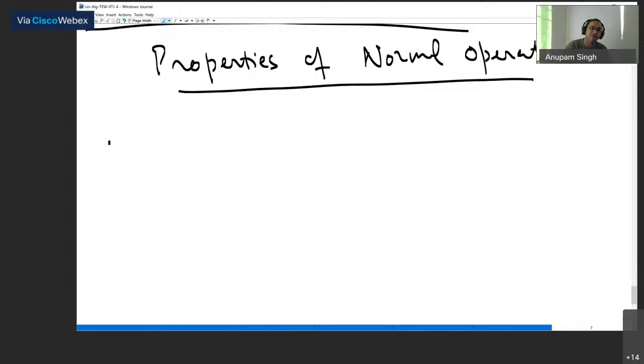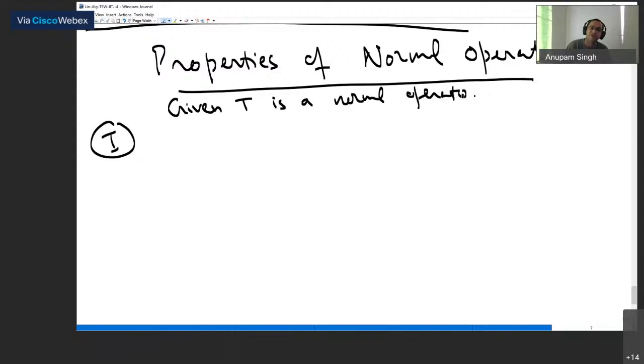So property number one, some easy property. Given T is a normal operator. In all these properties, I'm assuming T is a normal operator, and then I'm going to write the property further.